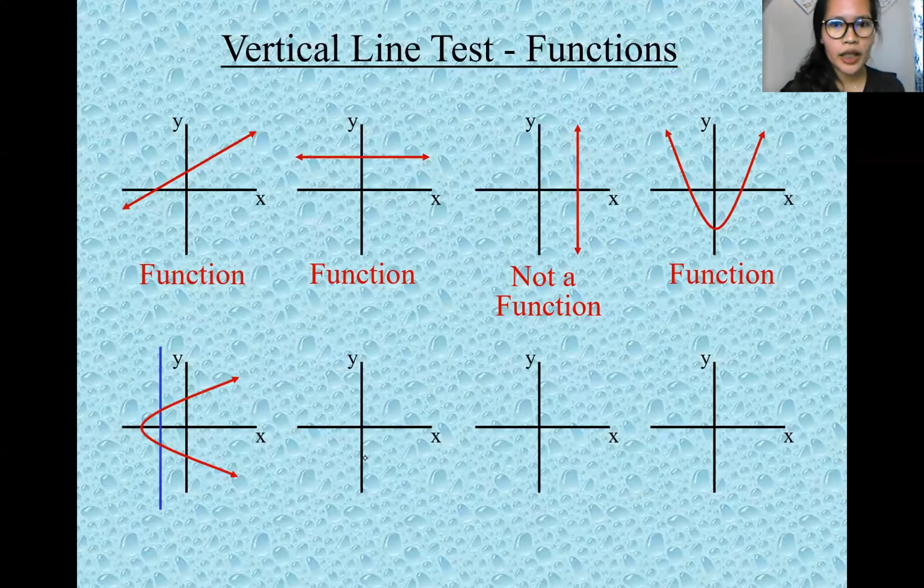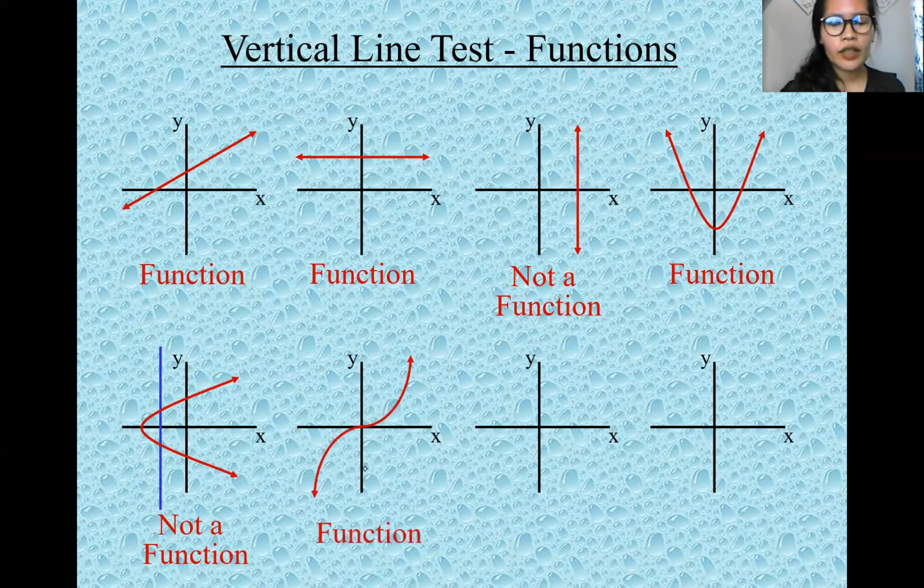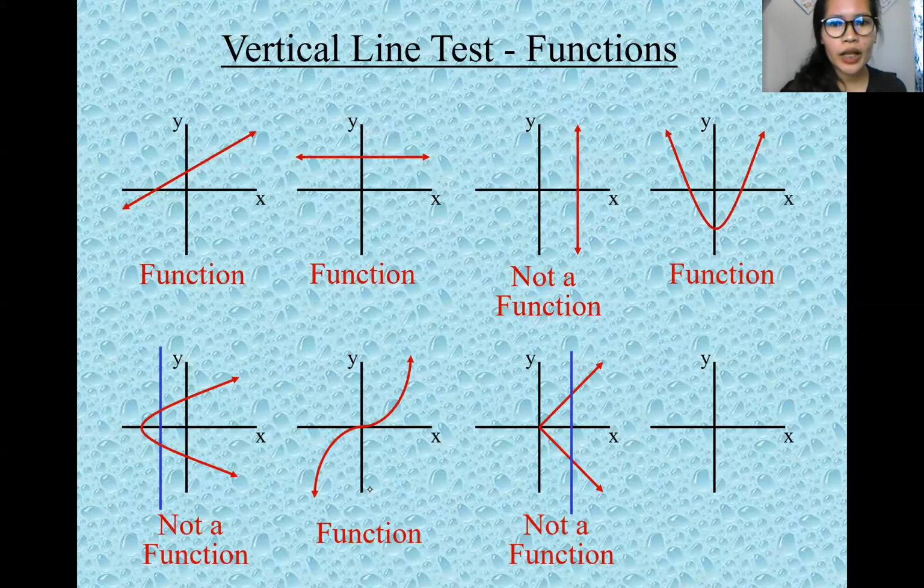Figure number 6, okay, that is a function. Figure number 7, that is not a function by using a vertical line test. Then figure number 8, okay, that is not a function.